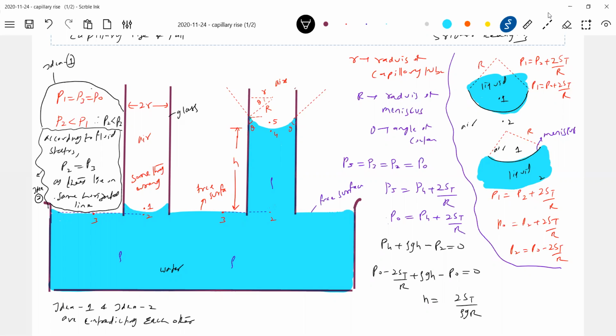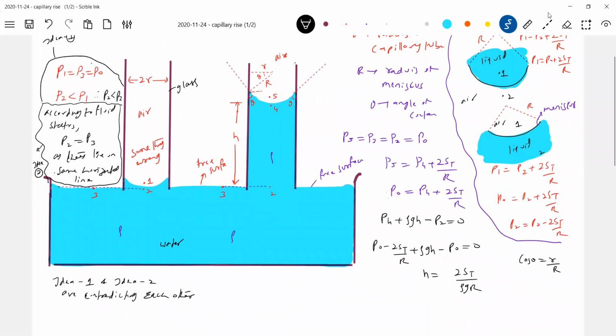Let's look at that triangle. Cos theta, you can write, is small r by capital R. So further, this h, 2ST by capital R, you can write as 2ST cos theta by rho g small r.